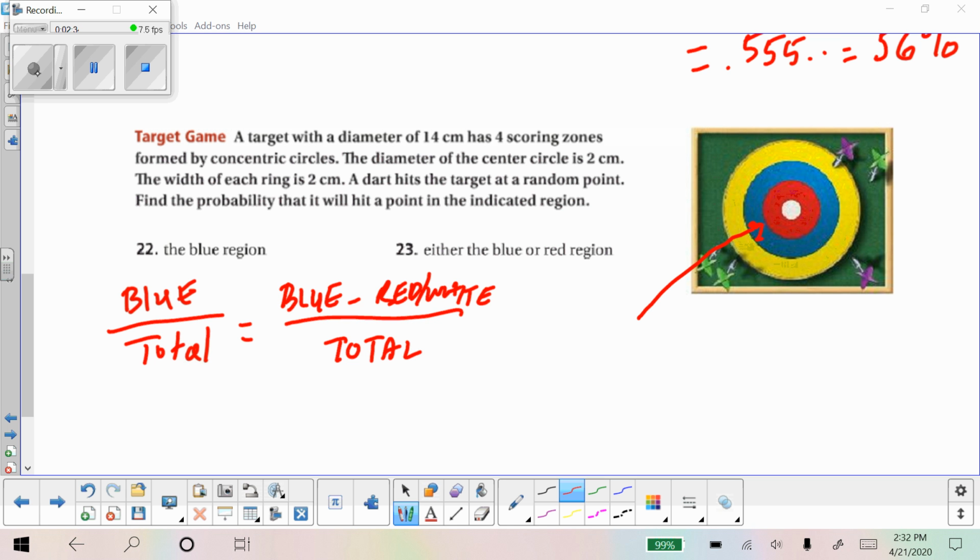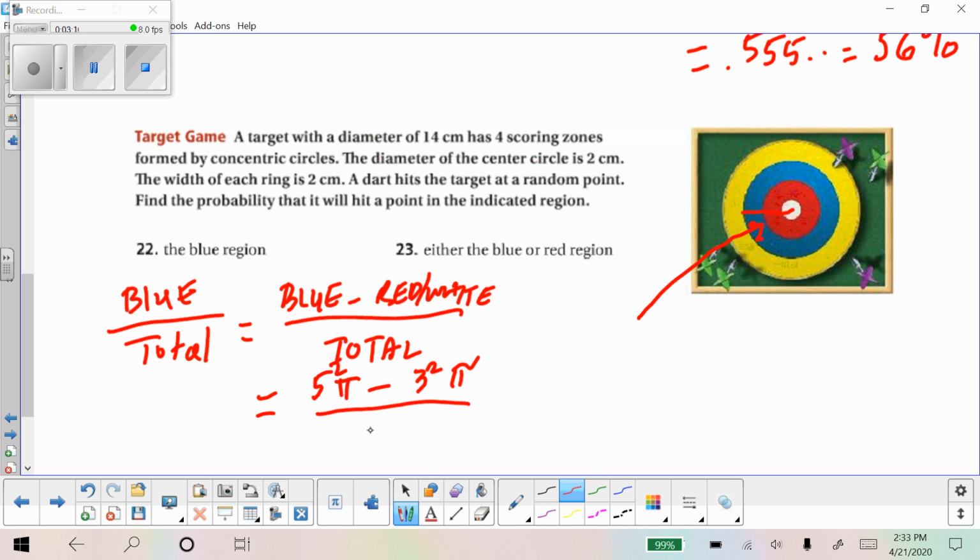Since the diameter of the center ring is 2, and each concentric ring adds a width of 2, this length right here would be 2 plus 2 plus 1, which would be 5. So 5 squared pi, minus the red and the white together, which would be 3 squared pi.